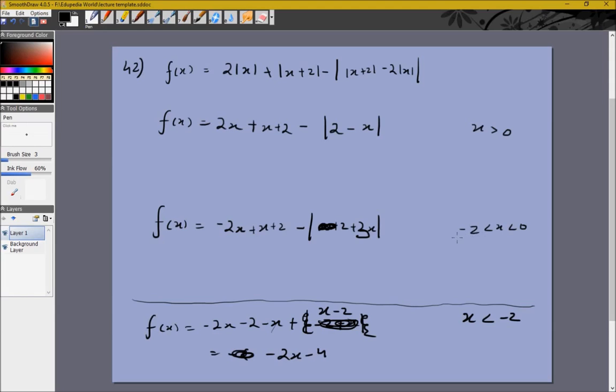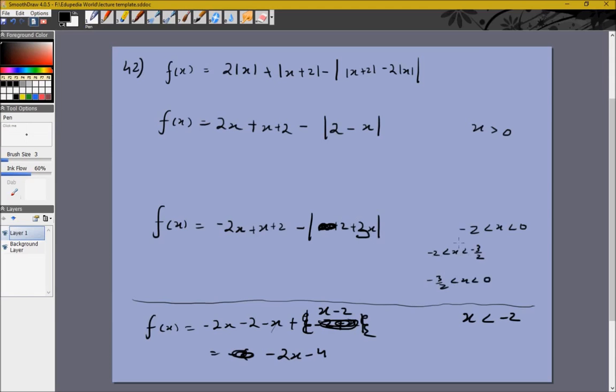Now between minus 2 and 0, this term takes two values. This is 0 if x is equal to minus 2 by 3. So this has two sub-regions, minus 2 less than x less than minus 2 by 3, and minus 2 by 3 less than x less than 0. For minus 2 by 3 less than x less than 0, this term is positive.